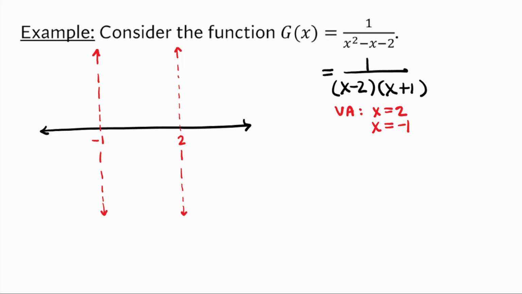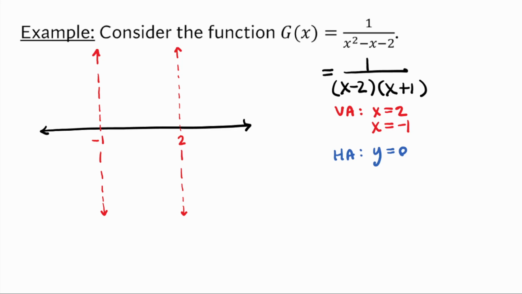I'm proposing that the horizontal asymptote to the graph of g is going to be y equals 0. And that's because we're really thinking about the end behavior of the function, and we know the end behavior of the denominator. The denominator is a degree 2 polynomial with a positive leading coefficient, which means as x approaches infinity or negative infinity, that denominator is approaching infinity.